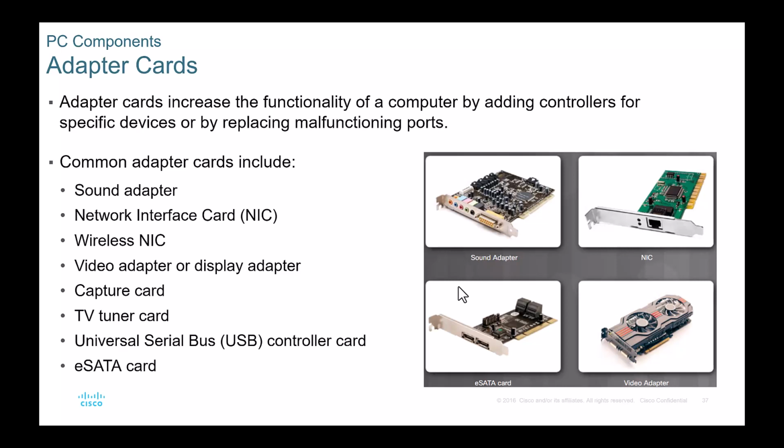eSATA was kind of pre-USB-C, and it was a way for us to get those SATA speeds on the outside of the computer, on our external devices, and not be bogged down by our USB bus. But that's not the case anymore. We're using faster buses for our I/O, so you don't really see eSATA anymore.